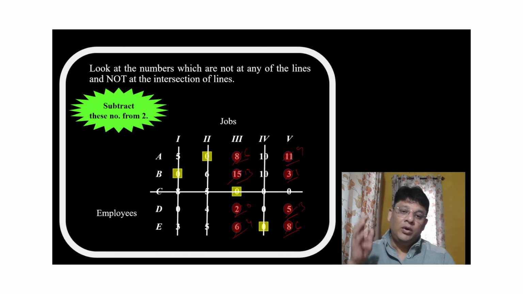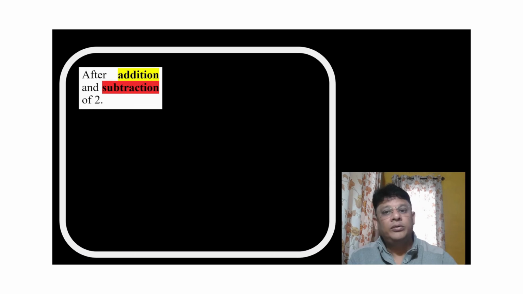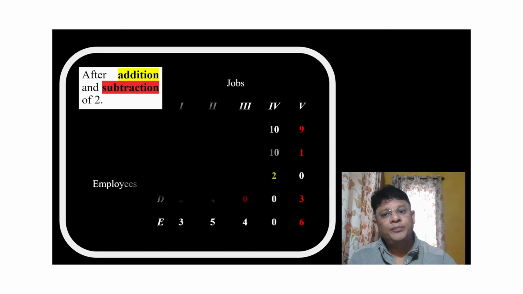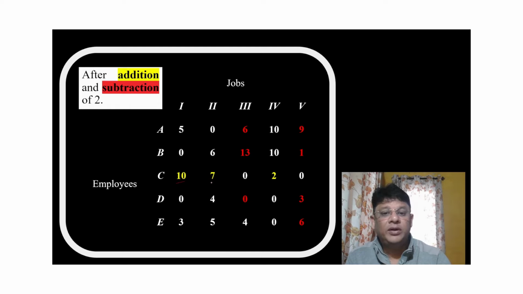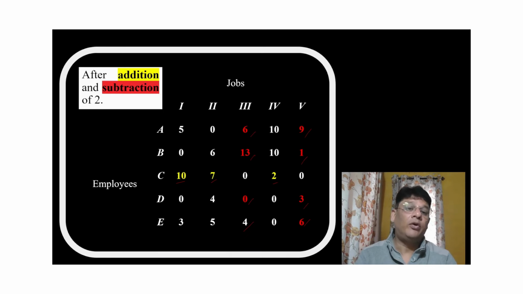So what we did to convert into optimality, first we add to the intersections and we subtract from the numbers that are not on the line. After addition and subtraction, we will have this. These numbers were the intersection points, and these numbers were the numbers that are not on the line. Clear? So now addition and subtraction is done.